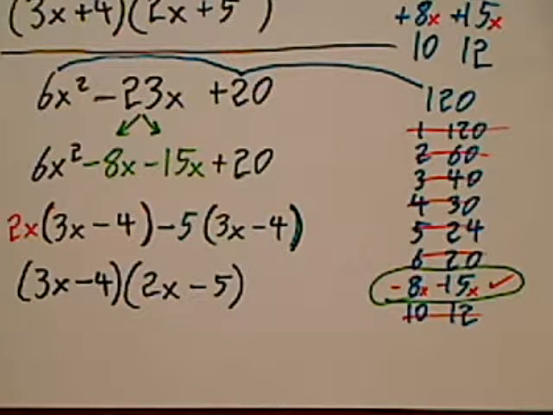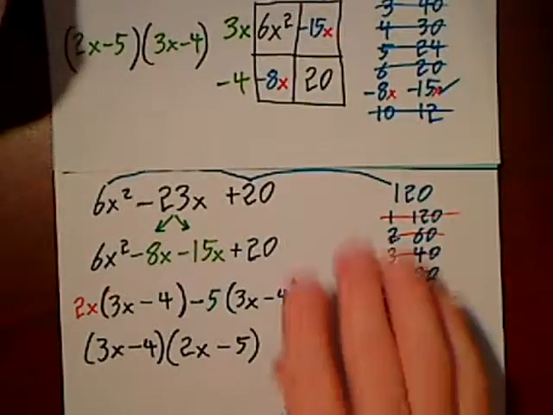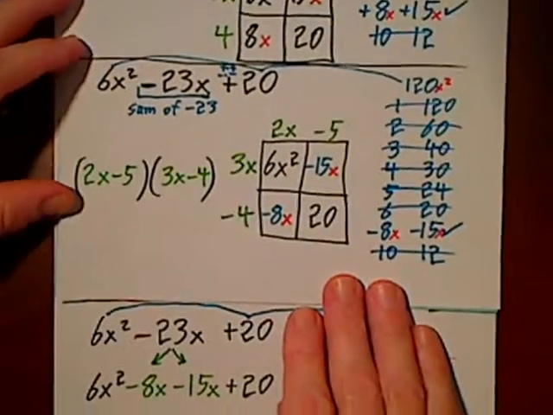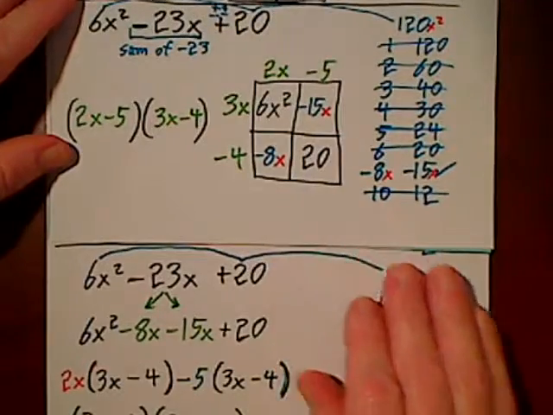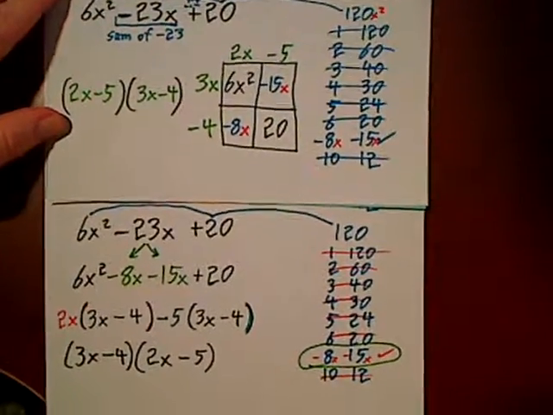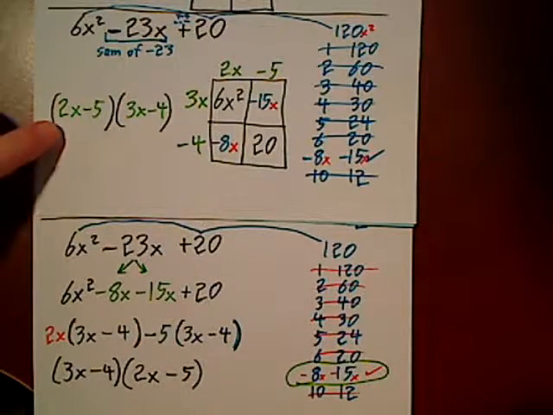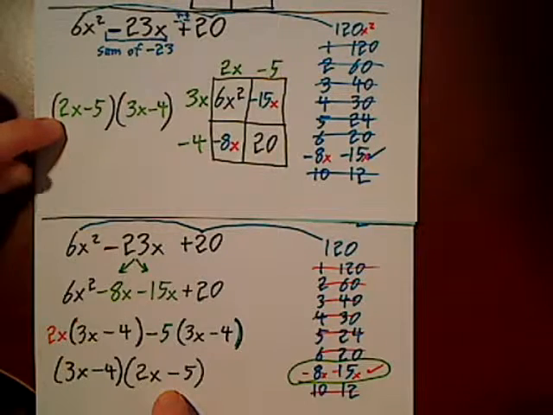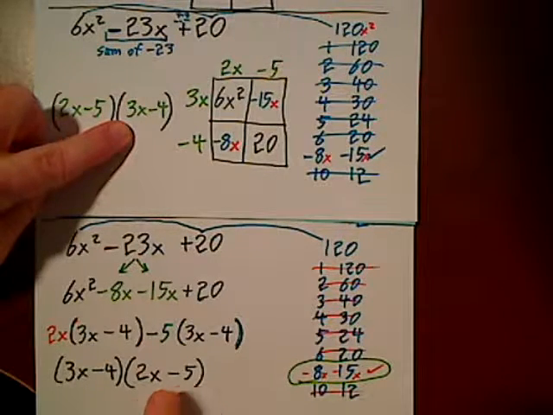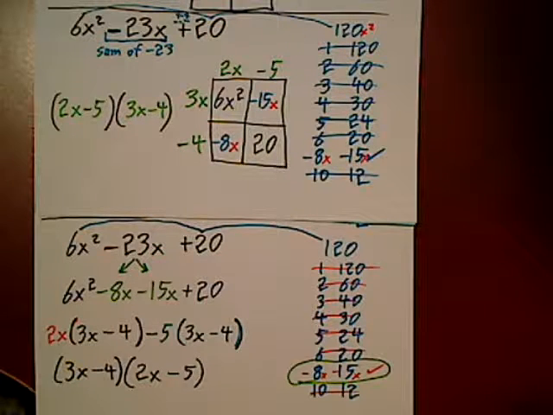And again, I'll just show you quickly, when we did our box method, so I'll step out one more. There it is. We have a 2x minus 5, a 2x minus 5, 3x minus 4, and 3x minus 4. So it doesn't matter which of the methods you use. Each one will get you to the same answer.